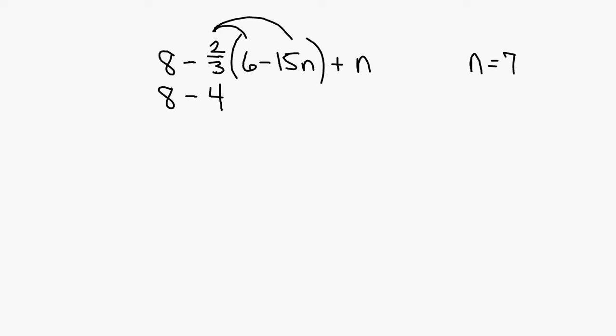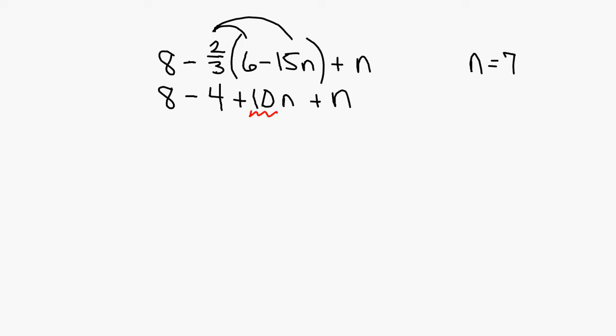And then you've got negative 2/3 times negative 15, which is positive 10, and that's got an n after it. And then plus an n. And now you're going to combine the variables first.